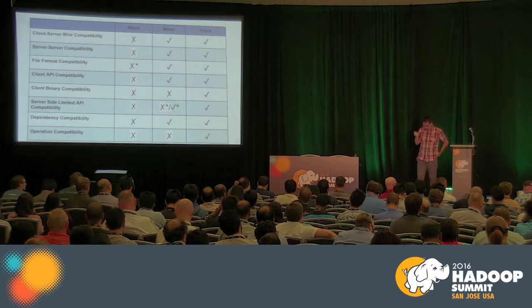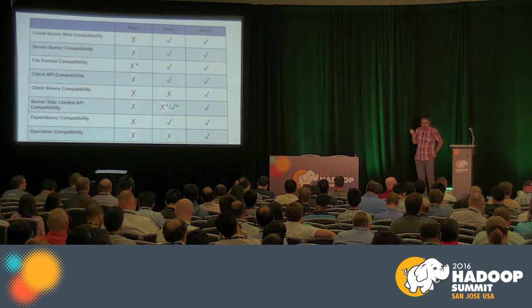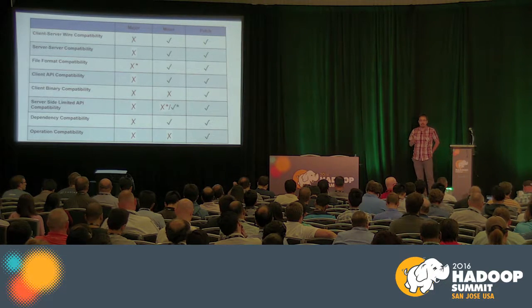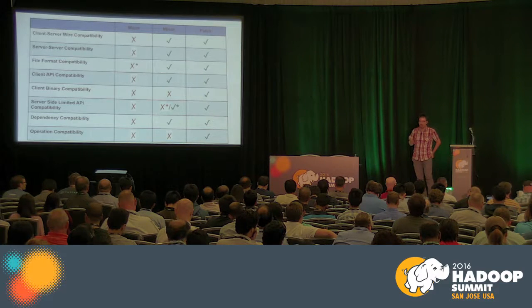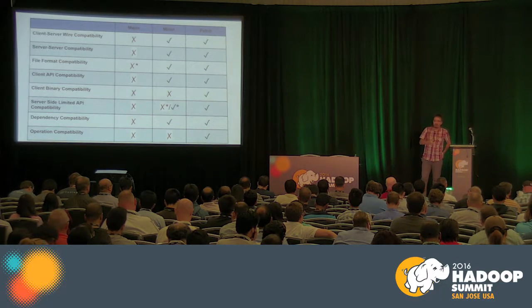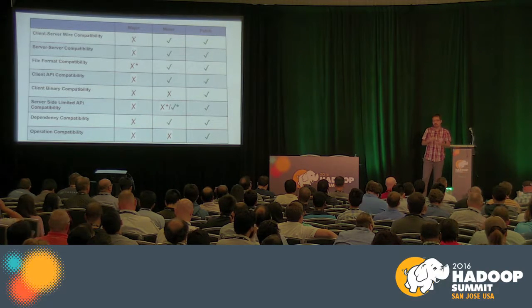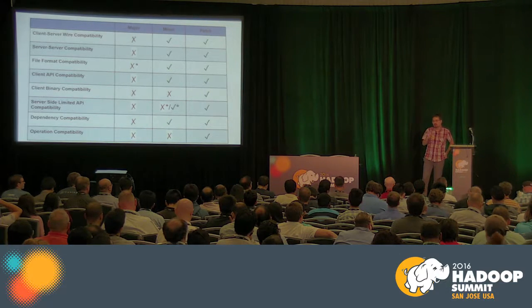The thing that's not promised within the minor version is client-level binary compatibility. Because of the Java semantics, you cannot compile your code against 1.1 and then hot swap the jars of HBase and run it with 1.3.